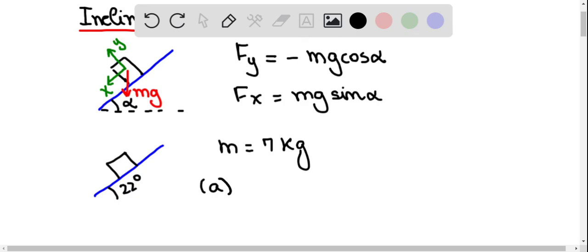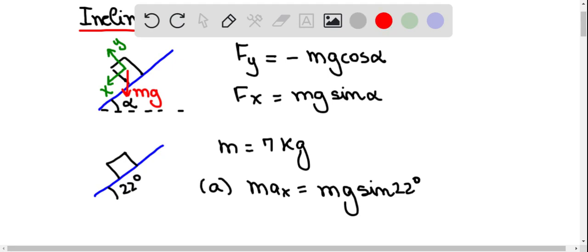downwards. Well, the only force that acts on the block in the x direction is the gravitational force, so the mass times the acceleration in the x direction is equal to the mass of the object times g times sine of 22 degrees, since this is the only force in the x direction.